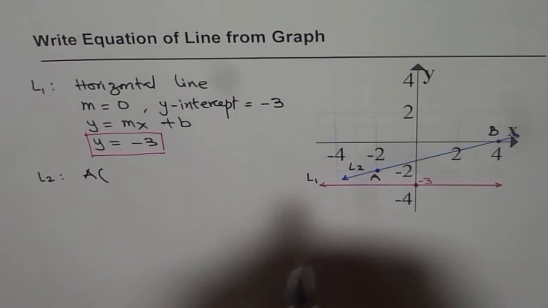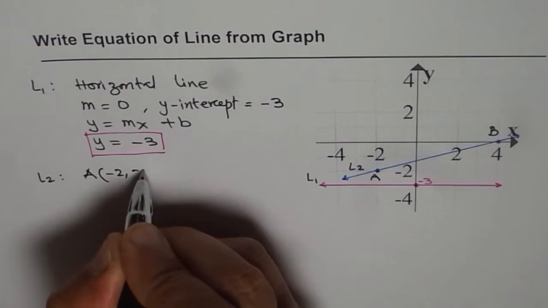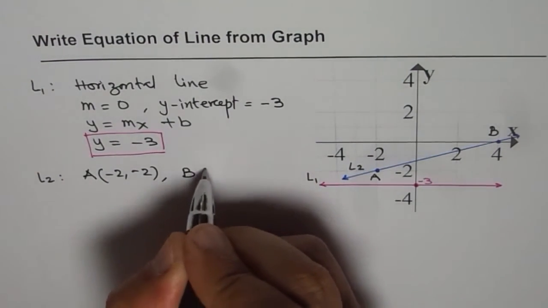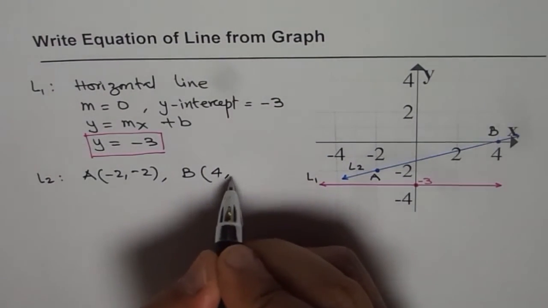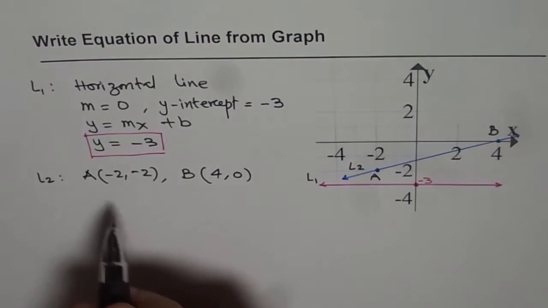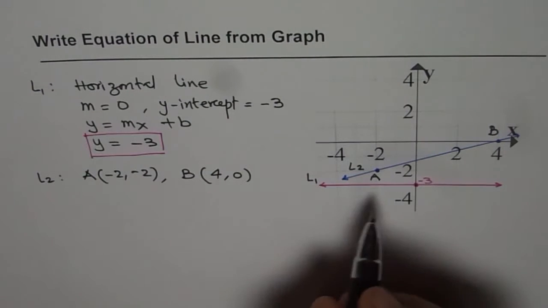Point A for us is minus 2, minus 2. And point B is x value of 4, y is 0, 4, 0. That is the x-intercept. Now using these 2 points, we can find the slope of the line, right?